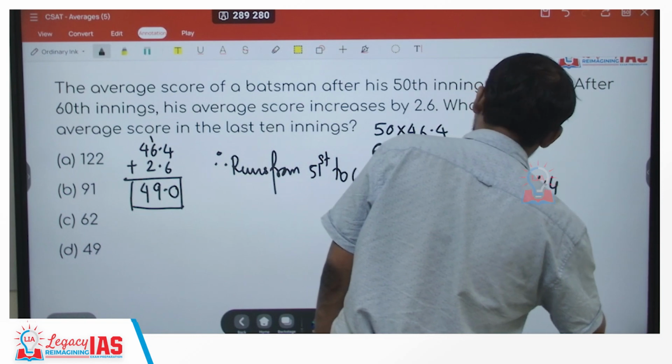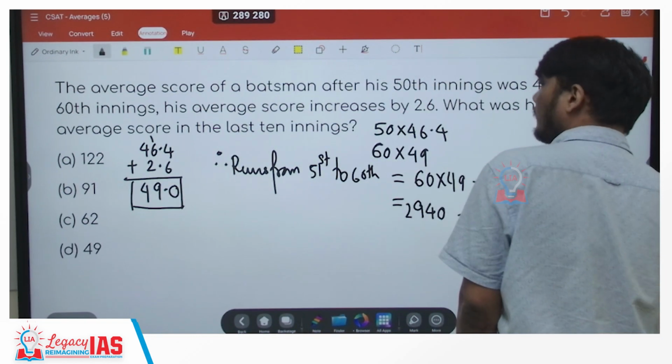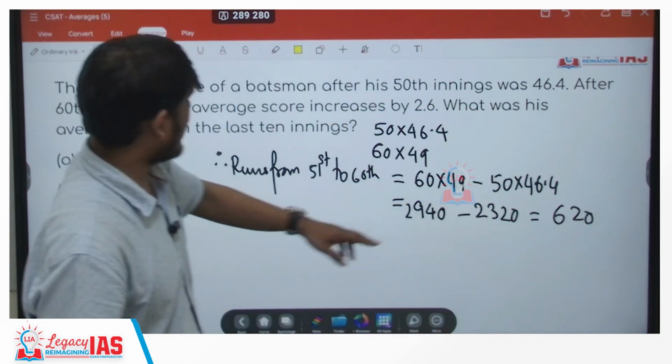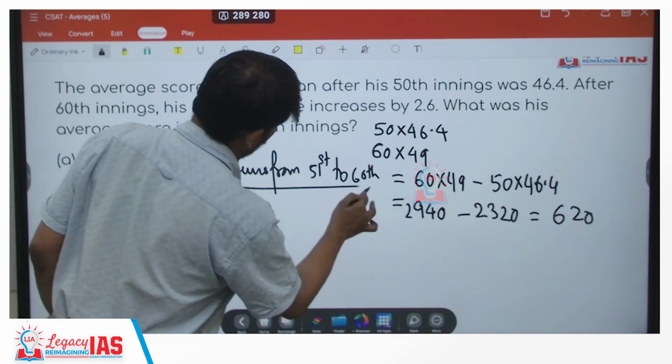Equals 620. Now this 620 runs have been made from 51st to 60th innings.